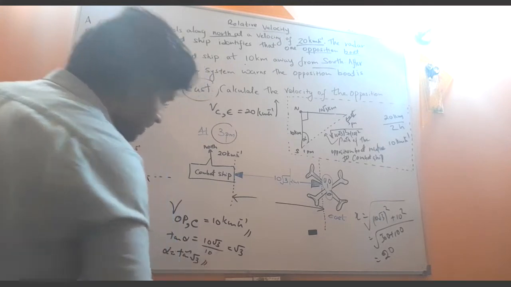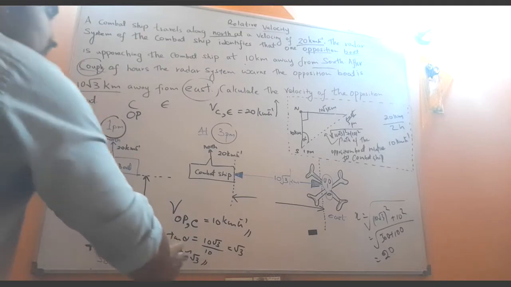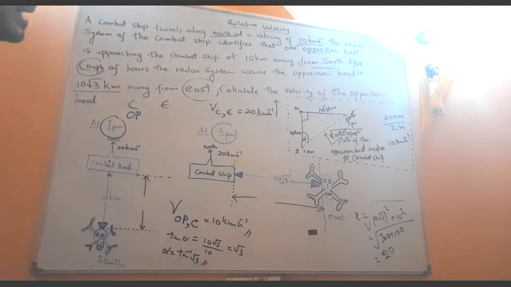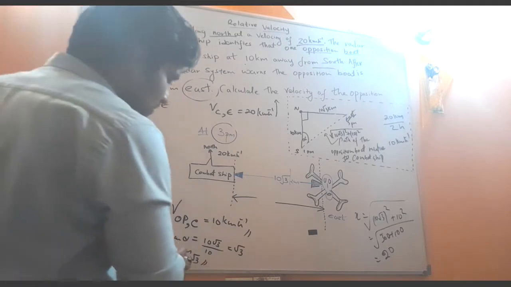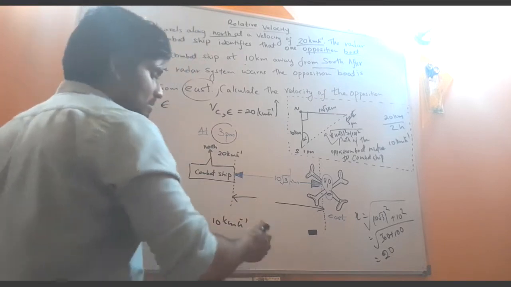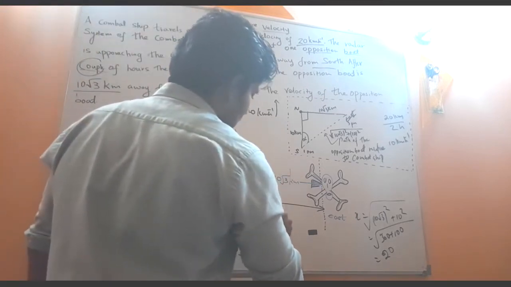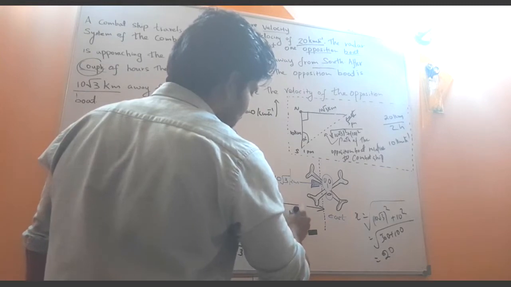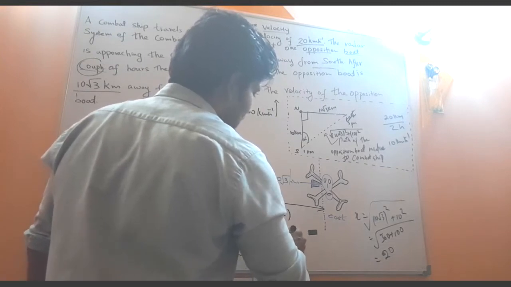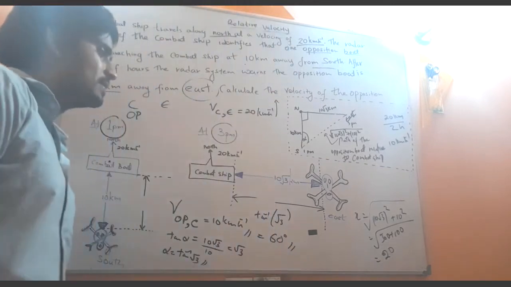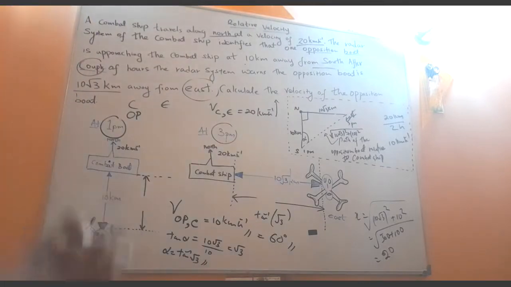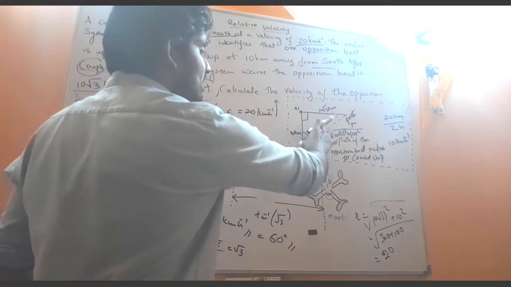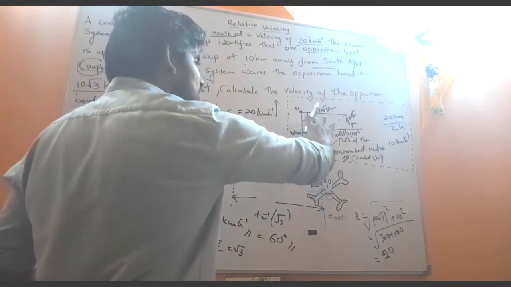What is tan inverse root 3? That is nothing but 60 degrees. So now you have to define this particular angle: 60 degrees measured from north.